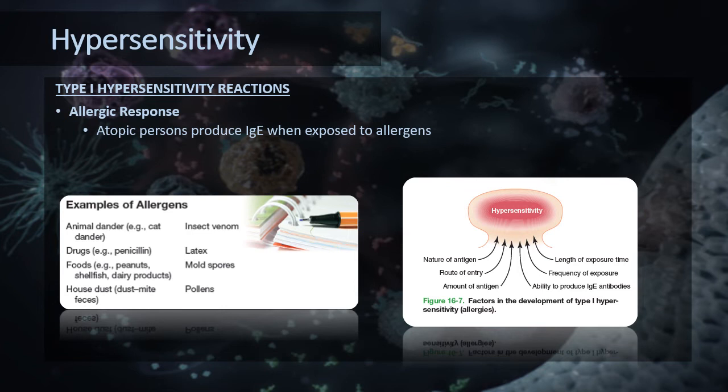We also have here examples of allergens. We have animal dander such as cat dander, drugs such as penicillin, foods such as peanuts, shellfish, and dairy products, house dust such as dust mite feces, insect venom, latex, which is present in gloves, mold spores, and pollens.